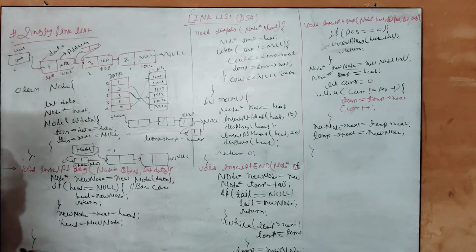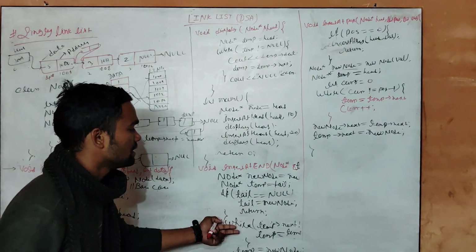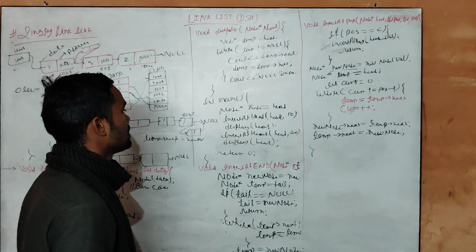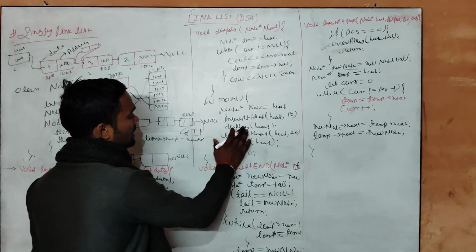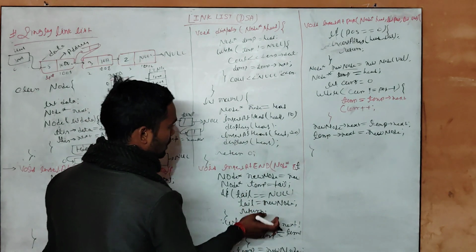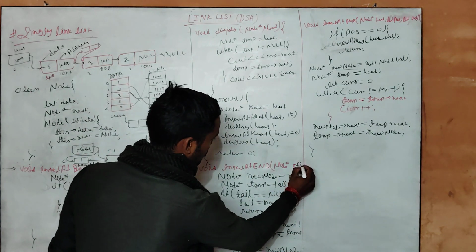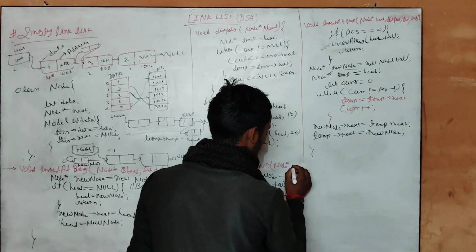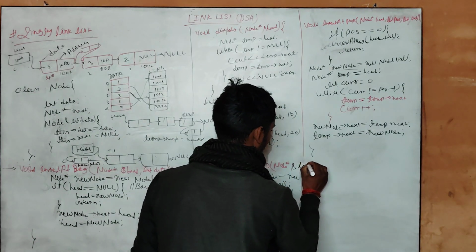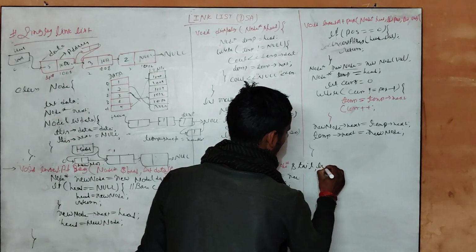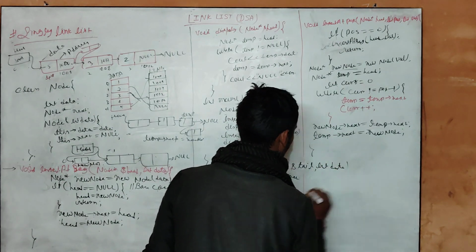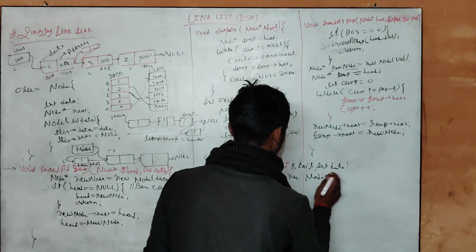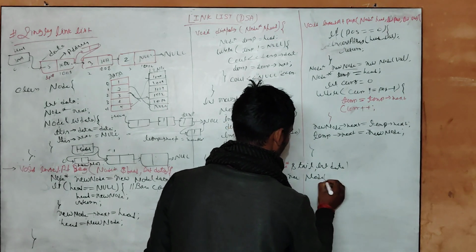Insertion at the beginning, display, insertion at the end. Okay, this is the main function. You simply write here insertion at the end. Here write tail. I'm just completing here tail, int data. Okay, new node, insert in the data.